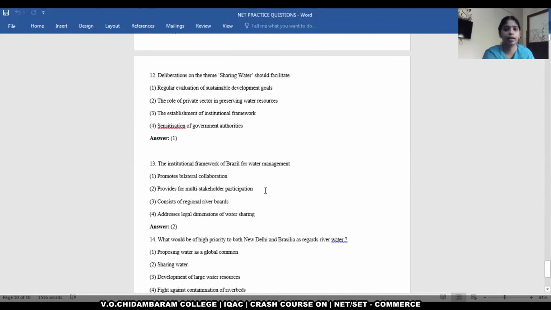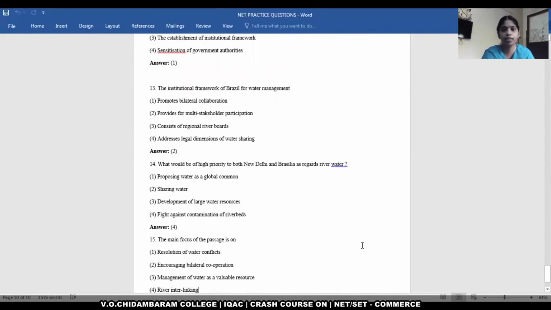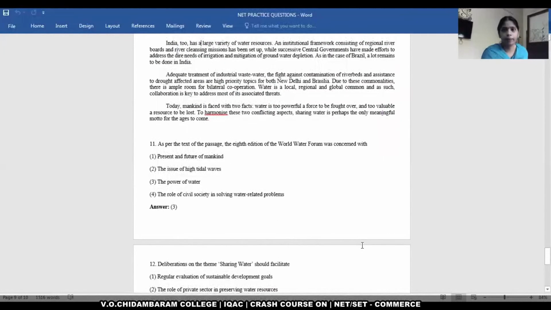The second one, multi-stakeholder participation. Now the next question is, what would be of high priority to both New Delhi and Brasilia as regards river water? What is the high priority? New Delhi and Brasilia. Okay. So adequate treatment of industrial wastewater, the fight against contamination of riverbeds, and assistance to drought affected areas are high priority topics for both New Delhi and Brasilia.